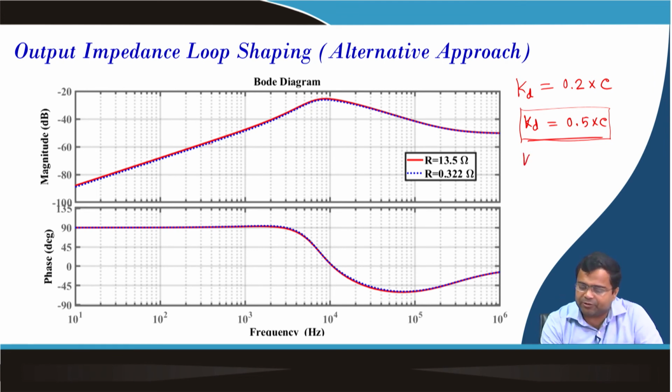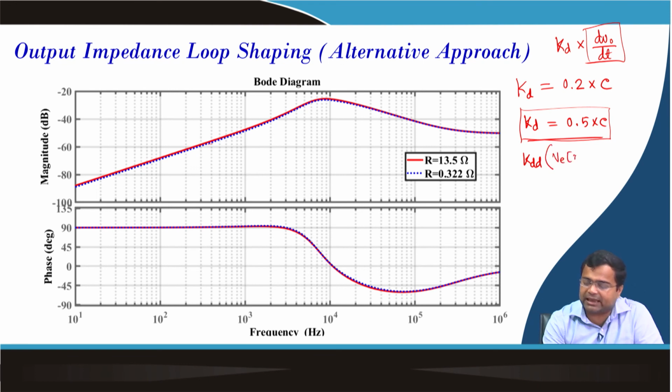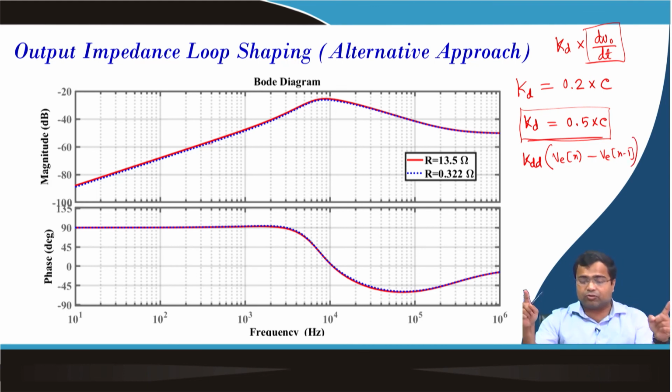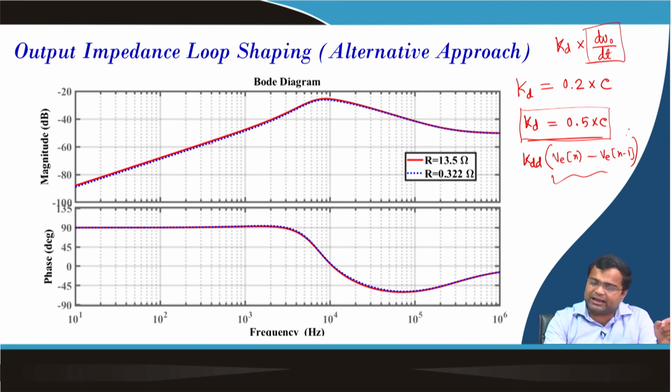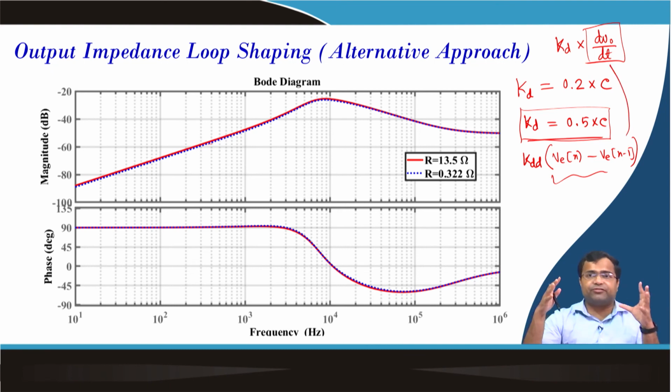Although in Kd times dV0/dt there is a band limited derivative, in discrete time it will be V error[n] minus V error[n-1]. Since there is a one cycle delay, the voltage will not be constant within it, so this will not be exactly the derivative unless the sampling frequency is very high.